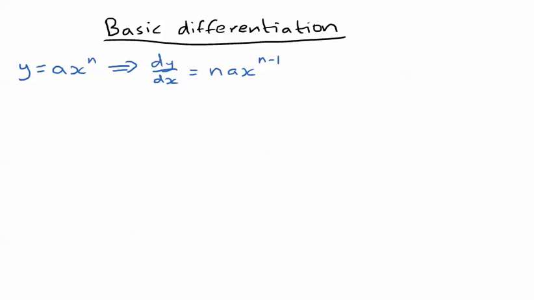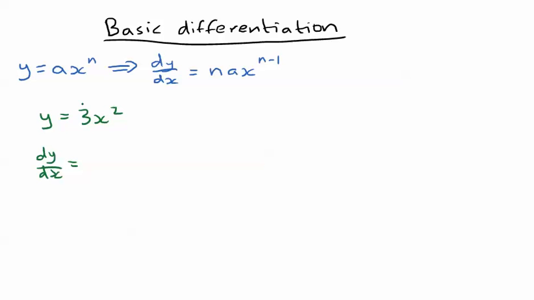And so let's start with saying that we have a function y equals 3x squared. And let's apply this rule to this function here. So I'm going to write down dy by dx because that's what we're trying to calculate. And the n value in this case is 2.